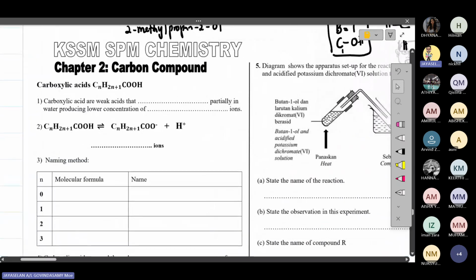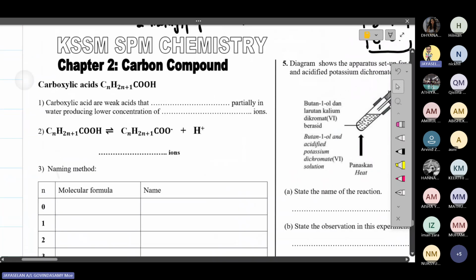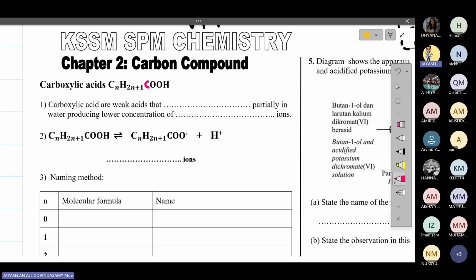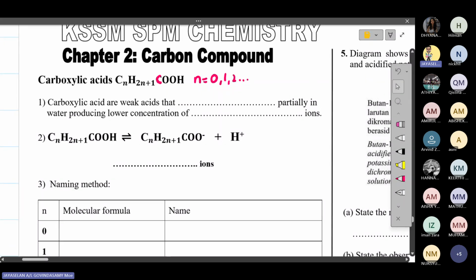Under carboxylic acid, you must be careful. Why? Because they already give you 1 carbon in the general formula. That means N should start from 0, 1, 2, 3 onward. Please memorize this. This carboxylic acid is a weak acid. Why is it a weak acid?